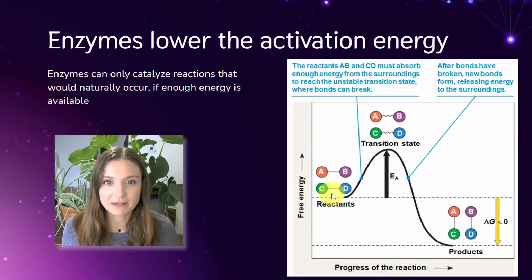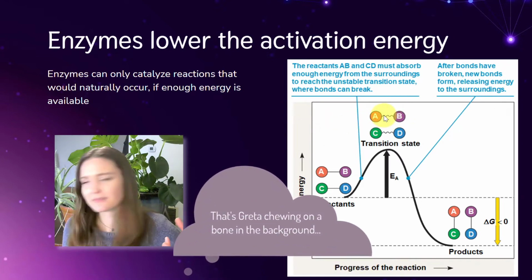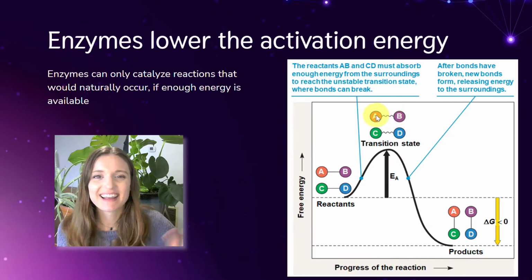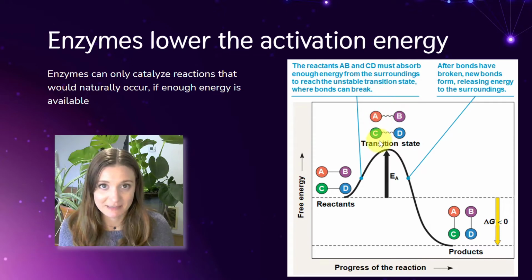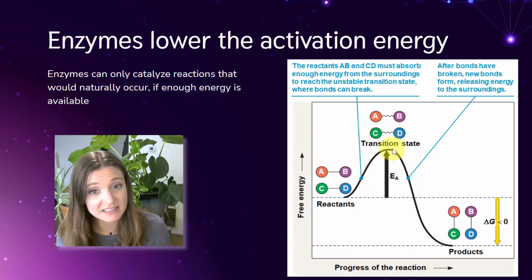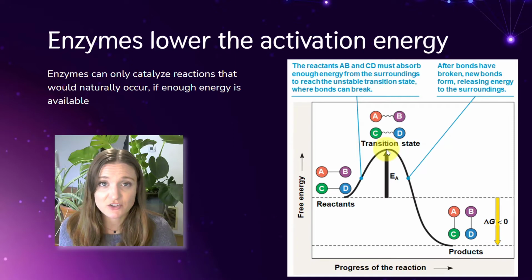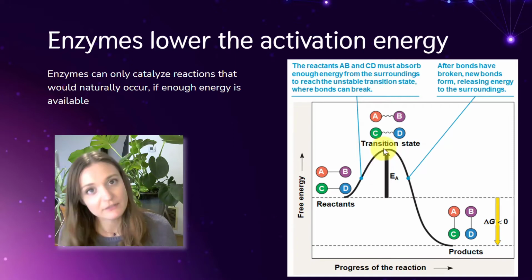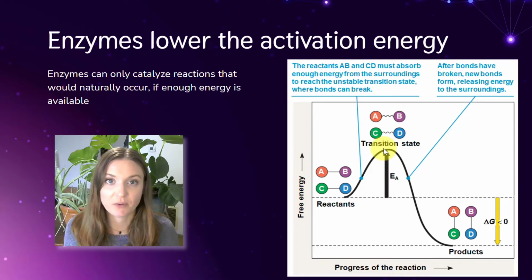So if we vibrate the bond between A and B enough, add enough heat energy to break up that bond, that could then trigger A to bond with C, okay? So that usually takes a lot of heat though, and this much heat, often, that's required as an input of energy to get this reaction to happen, this much heat would kill living organisms, usually, right? Because it would denature their proteins, okay?